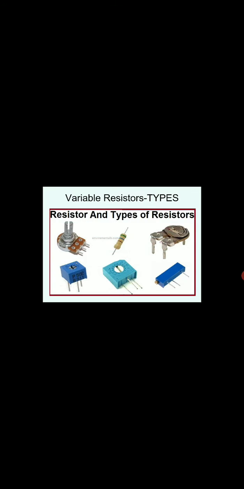So let us see some more types of variable resistors. As you can see, the middle one, which the red arrow is showing, is a normal resistor that we have seen, and then you have a standard resistor or pot. Then this black arrow is showing you a preset, which is an open model that can be fitted into a circuit.